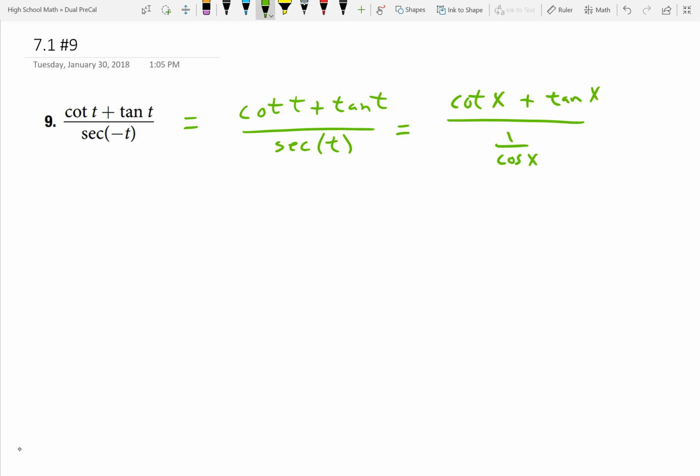I'm going to change cotangent to 1 over tangent. Actually, I'm going to change both of these to their appropriate quotients. Cotangent is cosine over sine. Tangent, sine over cosine.